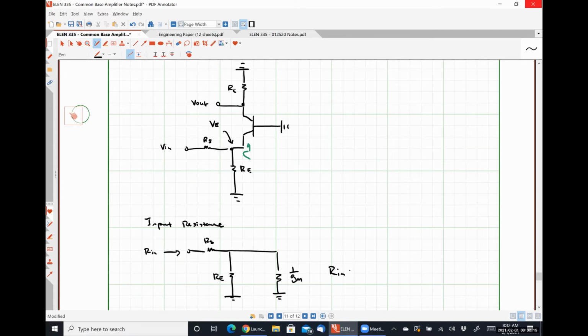So this gives us simply RS plus RE in parallel with 1/GM as our input resistance for our full bias circuit. Easy enough, right?